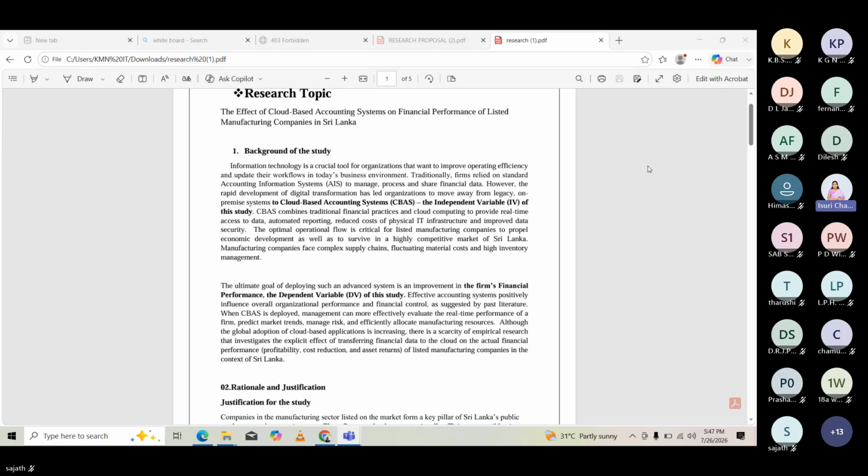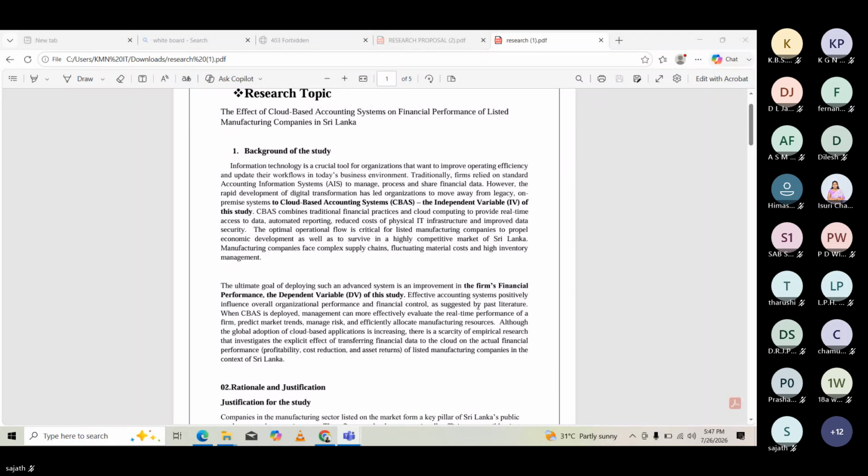Are there any independent variables coming under this one? What I'm asking is, your independent variable is the cloud-based accounting system. That is the main independent variable. How are you measuring it? What are the sub independent variables coming under the cloud-based accounting systems?